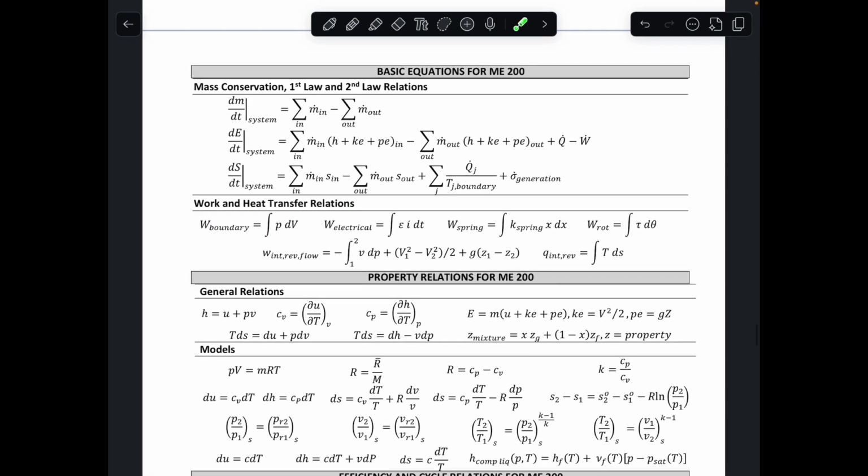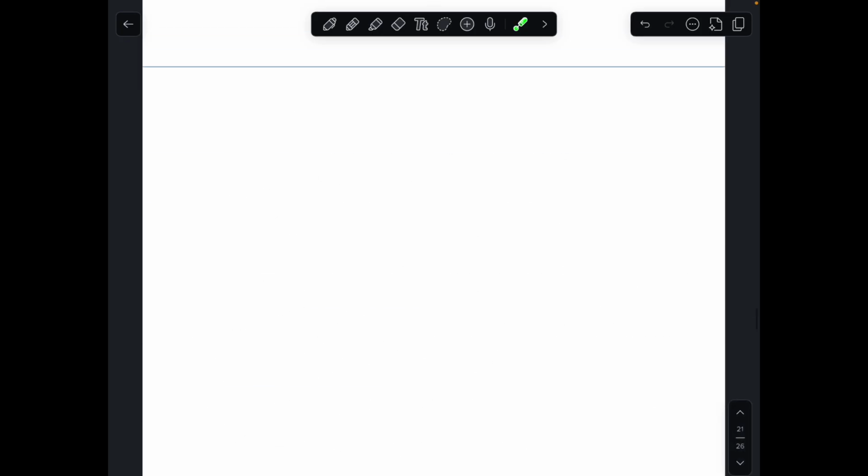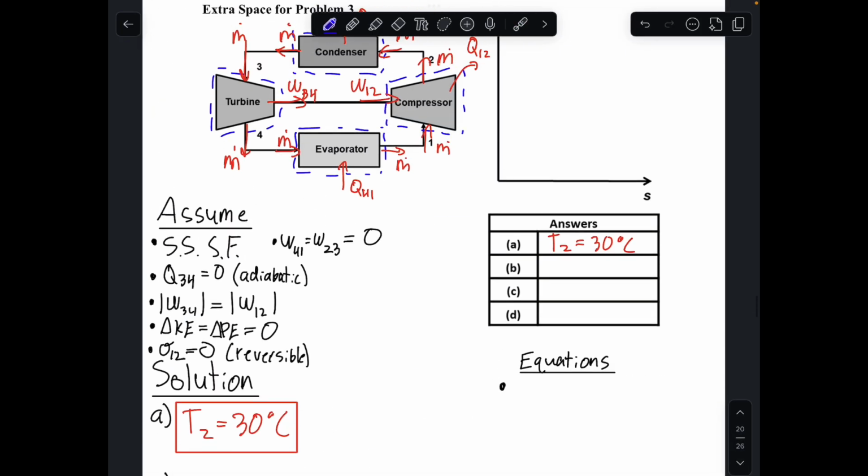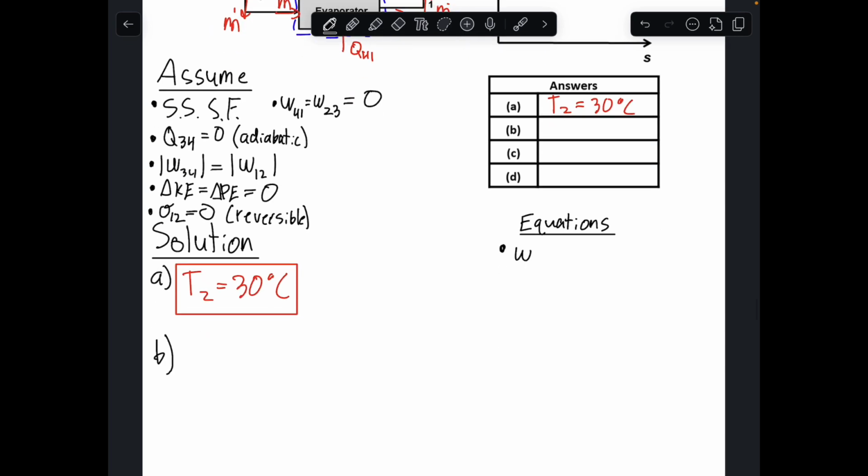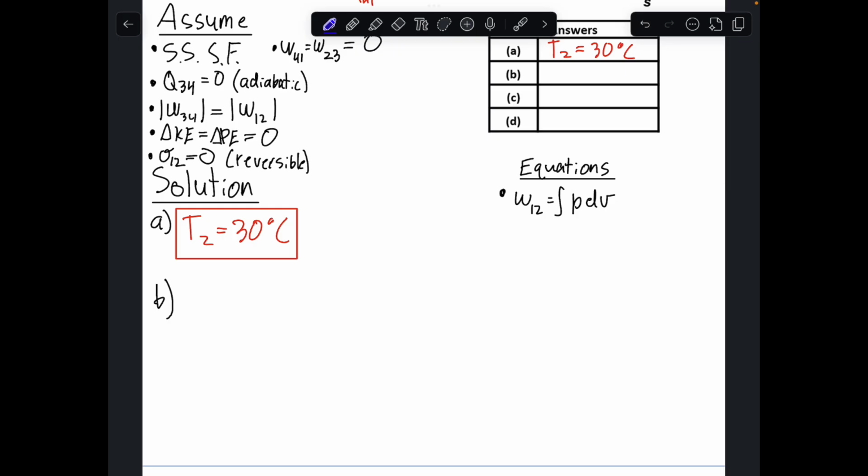And we can use it because we can use our PV equals constant equation to get P as a function of V if we just move V over to the other side. And then we can plug that into this P here as a function of V. So we'll go through all of those details here. I'll write it in the equation section first. We can find this work from 1 to 2 as the integral of P dV. So now let's start writing it out in our solution section.